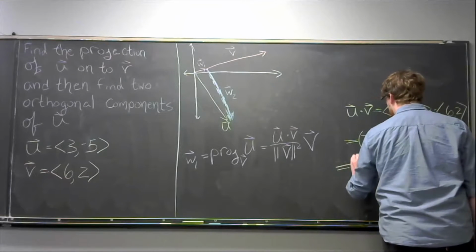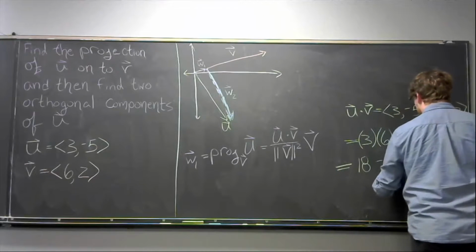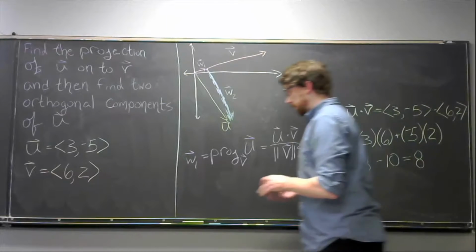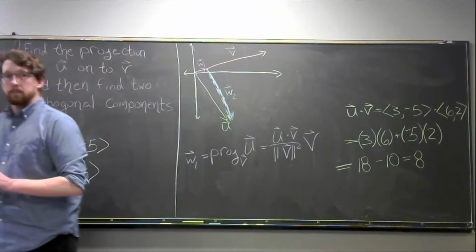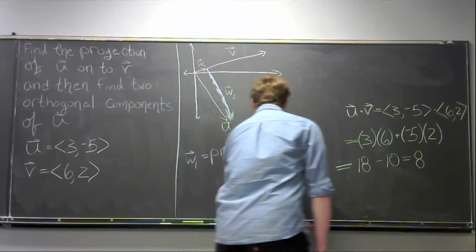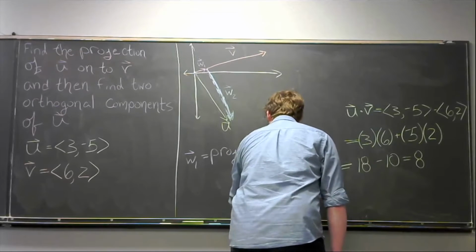This is going to be equal to 18 minus 10, or just 8. Okay, so the first thing we know is that our numerator is equal to 8.